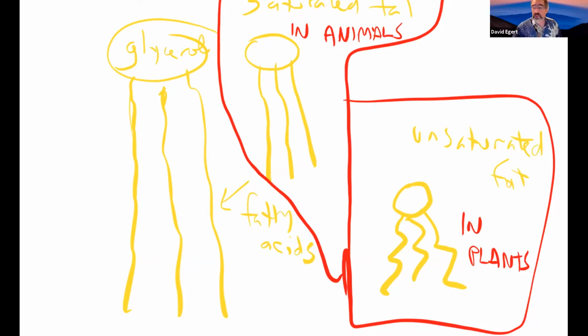And fats are used for all sorts of stuff. Fats are used for storing energy. You can store like 2.5 times as much energy in a gram of fat as in a gram of carbohydrate. Fat is used to insulate. Fat is used as a core part of cell membranes. Fat is used for all sorts of stuff.